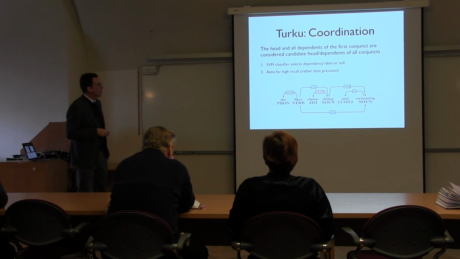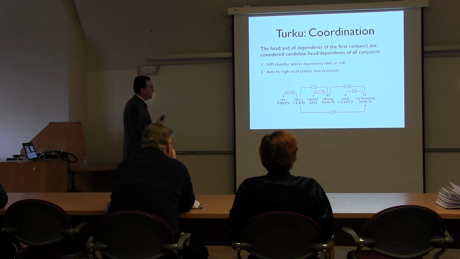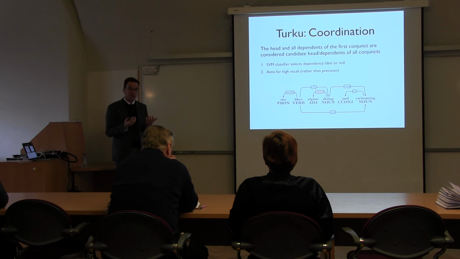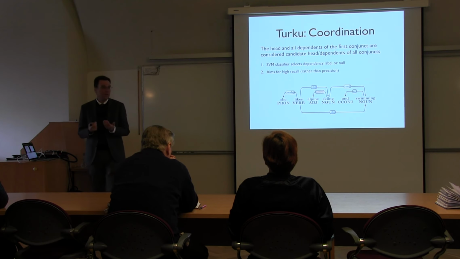When it comes to coordination, they take the opposite route to the Stanford system in going for high recall. So they add the shared head, just like the Stanford system does, but then they consider all dependents of the first conjunct as a potential shared dependent.